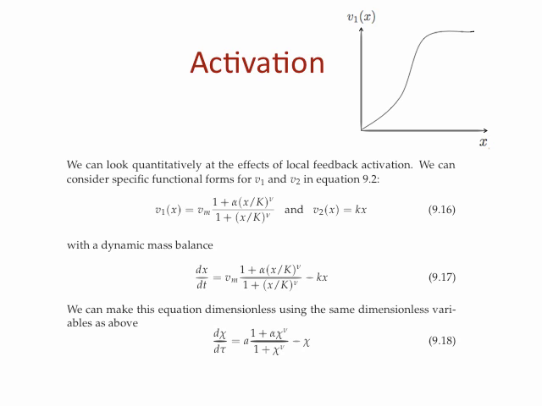That is the version of the Hill rate law where we have an activator, which in this case is X. Again, I can substitute in V1 and V2 into the dynamic mass balance and get equation 9.17, and I can in fact represent that with the dimensionless concentration chi as shown.